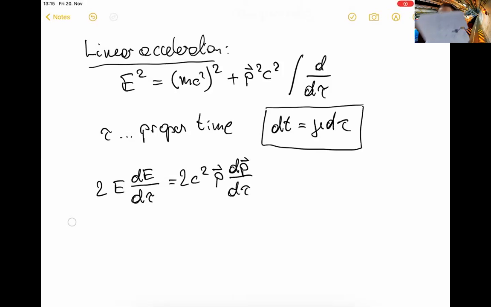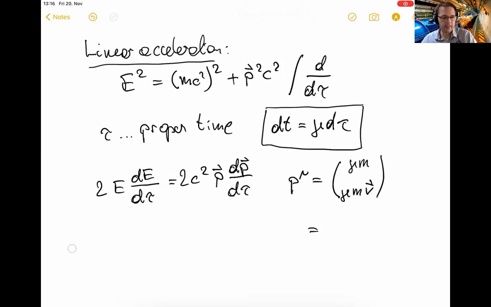Fine. Now, let's write our four-momentum. We can write it in several ways. We can write this as gamma m for the component with the energy, gamma m v for the velocity.